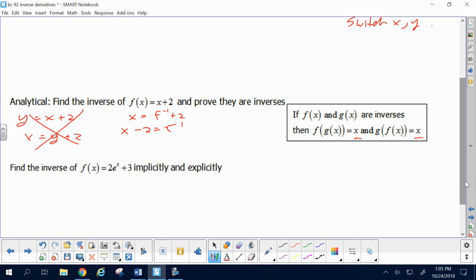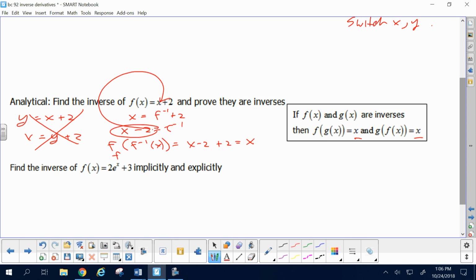Okay? Now, if you want to show they're inverses, then f of f inverse would be, I put f inverse into f, and I get x minus 2 plus 2, which is x.